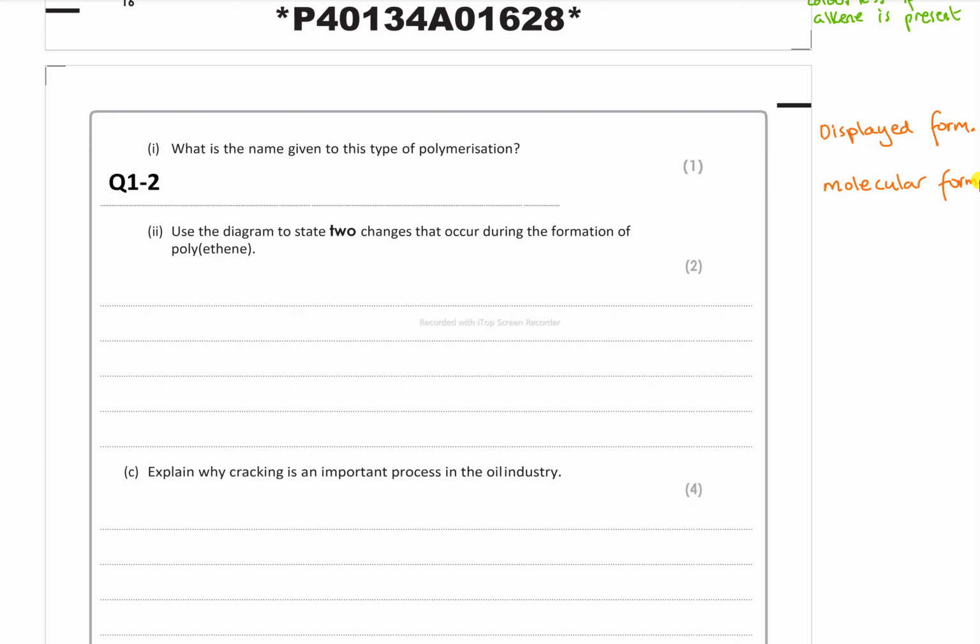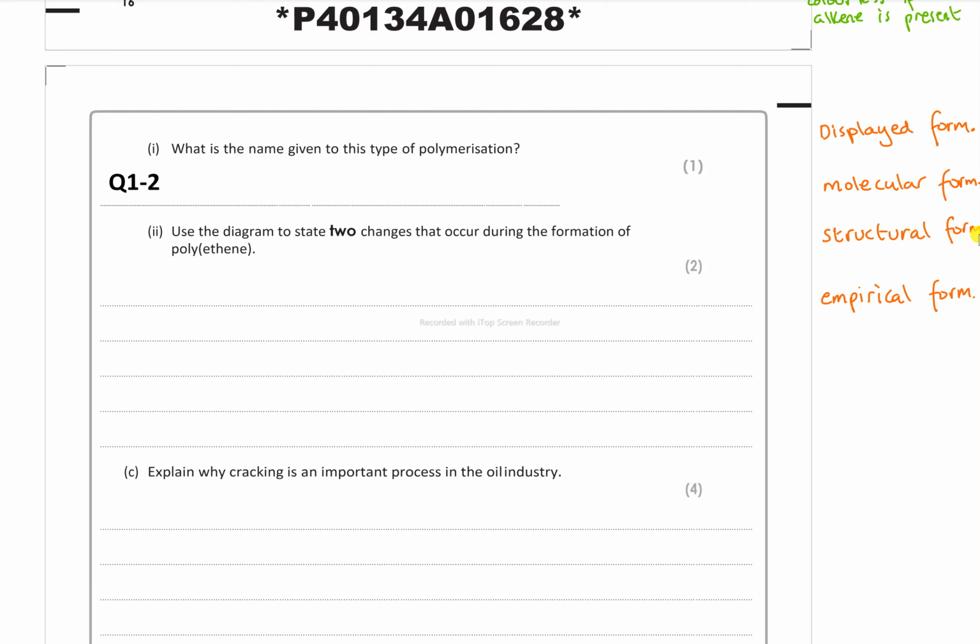You have structural formula, and you have something called empirical formula.